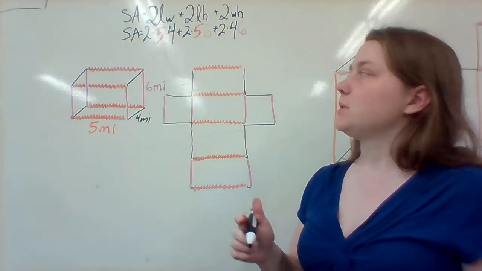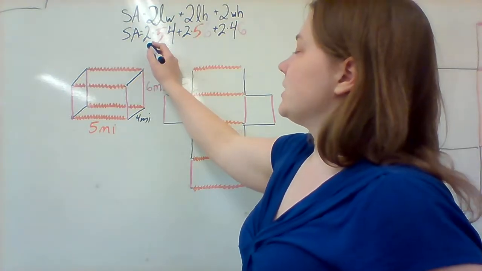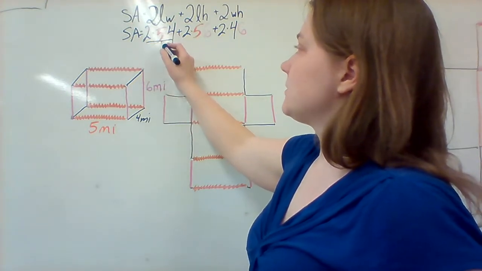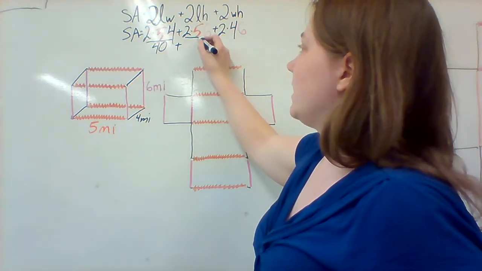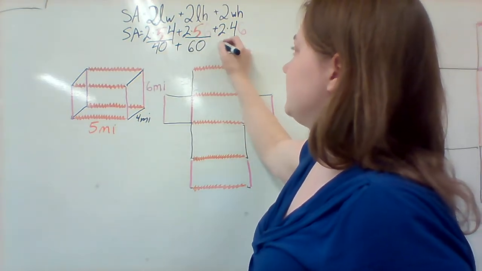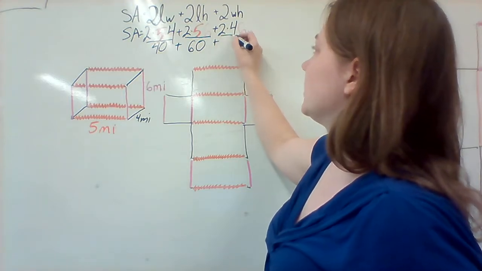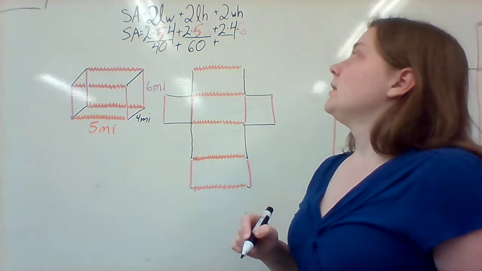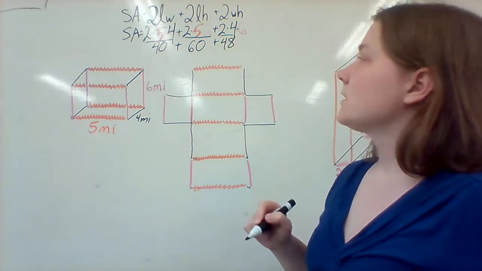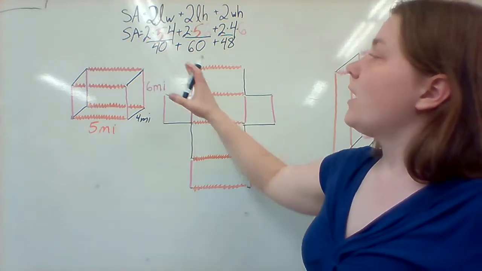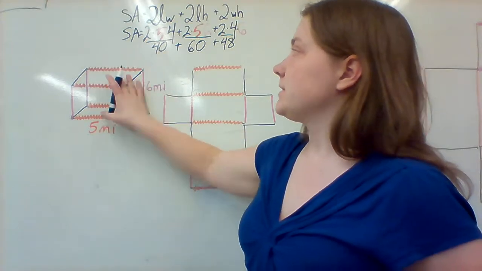I'm going to save a little bit of space here. We know that 2 times 5 is 10, times 4 is 40. 2 times 5 is 10, times 6 is 60. 2 times 4 is 8, times 6 is 48. Now, I doubled these because of the front and back.